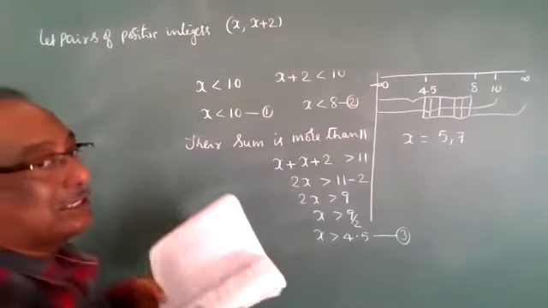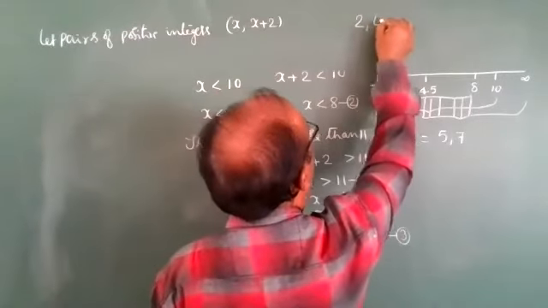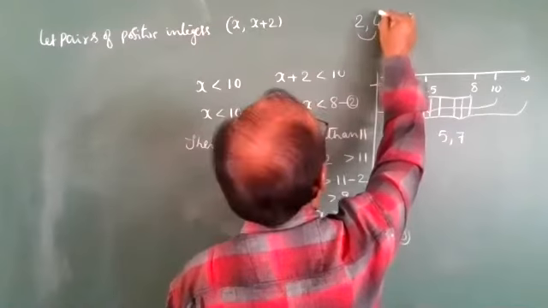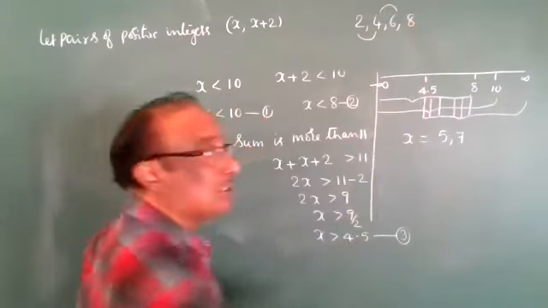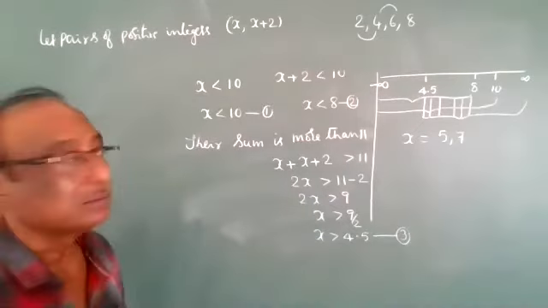Positive even integers are 2, 4, 6, 8. Consecutive means the difference is 2. One is x, another one is x plus 2.